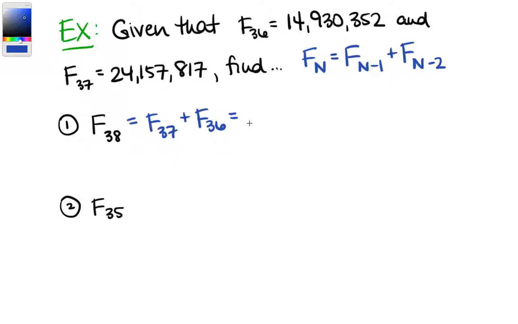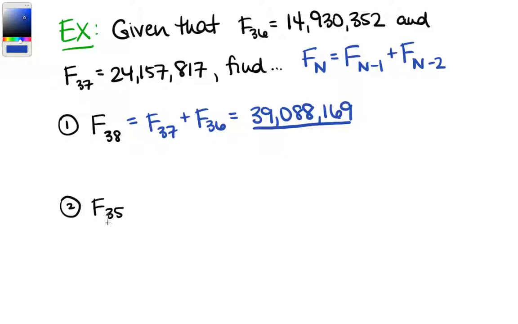So we're going to add this 14,930,352 to the 24,157,817. And what we get is 39,088,169. All right, so there's that one.